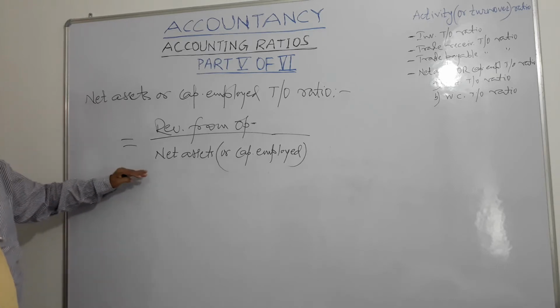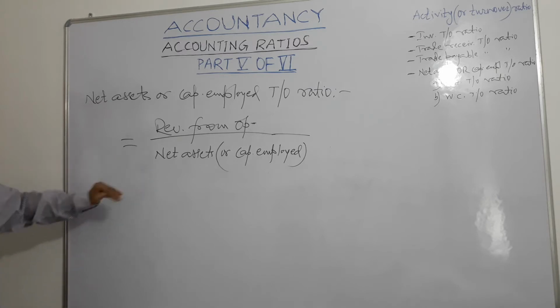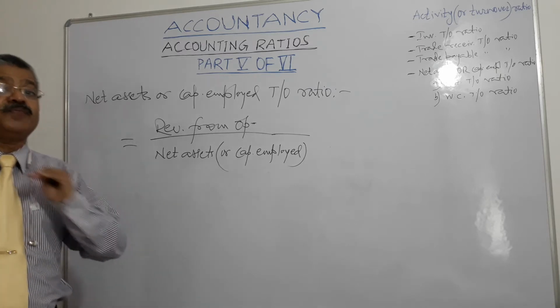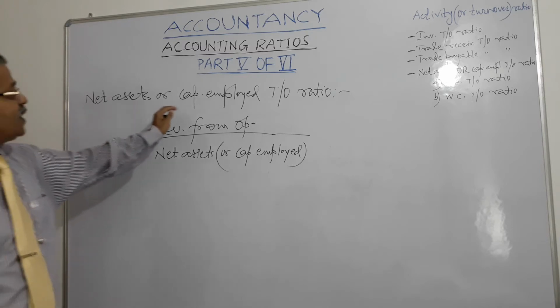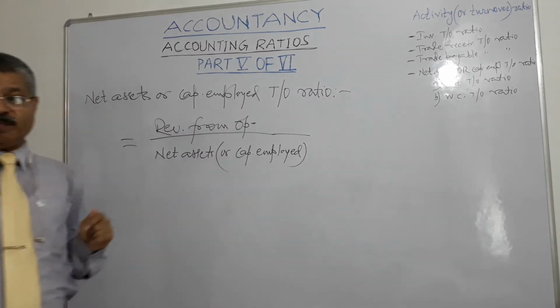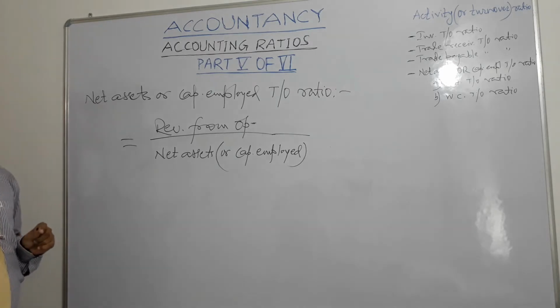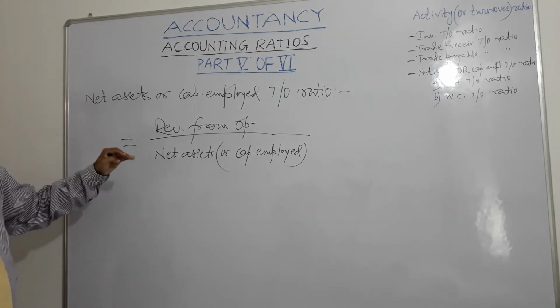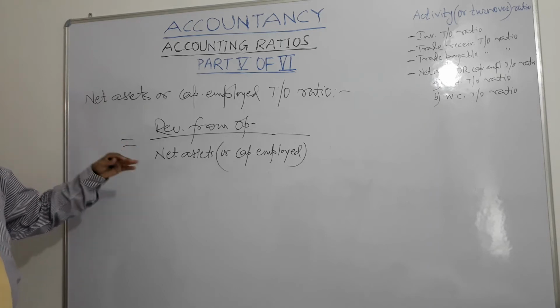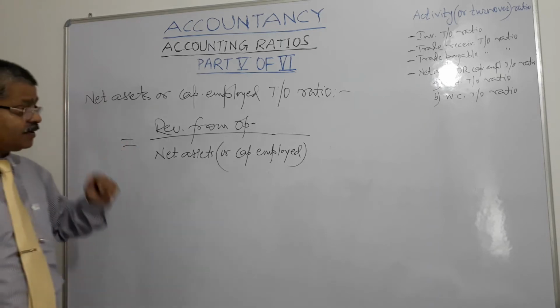A higher turnover means better activity and profitability. What does a higher ratio mean? The activity of the enterprise is better and profitability is high, right?